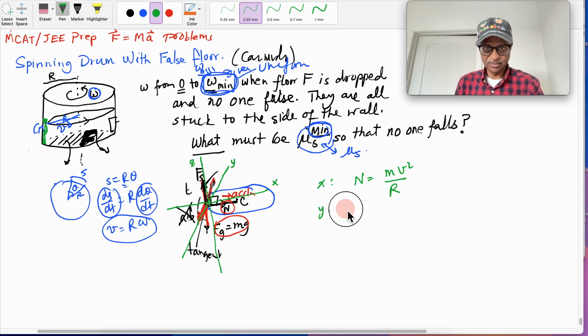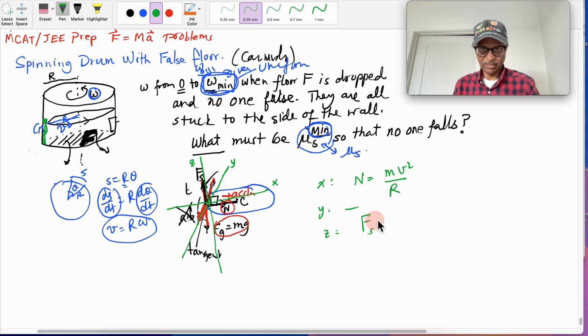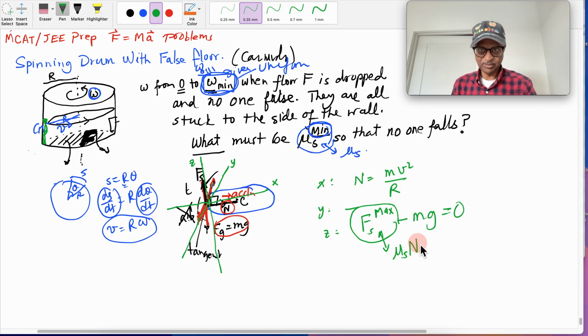Along the z-axis, I want the maximum static friction minus mg equals zero, no friction, no acceleration. So this I can replace with mu s times N.